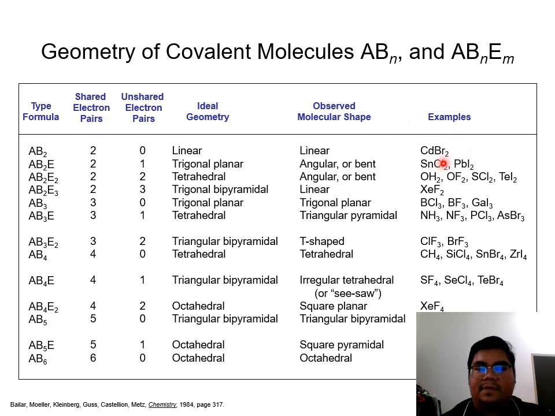So for example here, CdBr2 is linear because it has shared electron pairs and there are no lone pairs, so it's not bent. But if you see there's a lone pair for a trigonal planar, it becomes bent. It will repulse the bond, the single bond or the double bond. So just refer to this table and you're able to deduce the shape of the molecule.